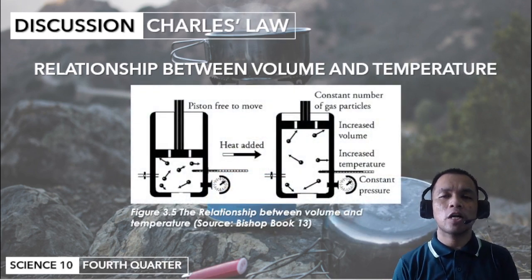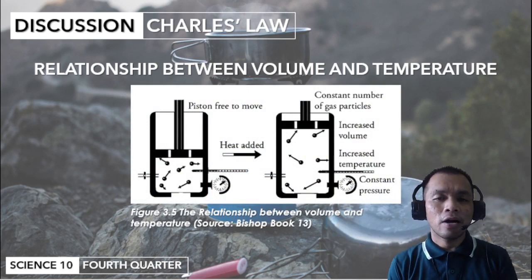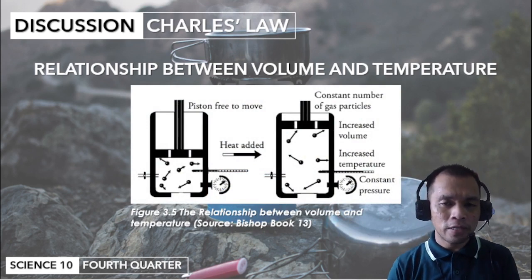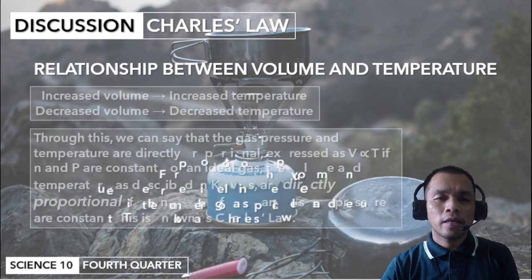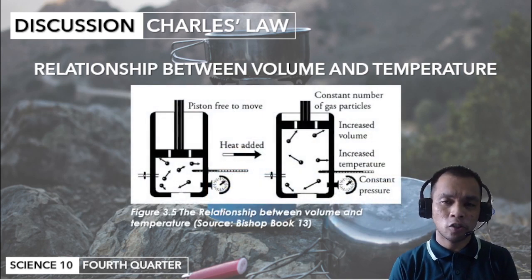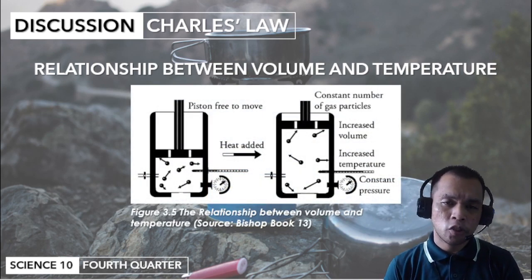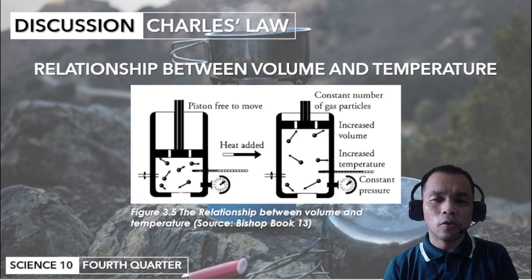How about this one? The second one is Charles' law. This was in your module 2. Now, what relationship is explored? The relationship is between volume and temperature. This time, the one that is kept constant is the pressure.